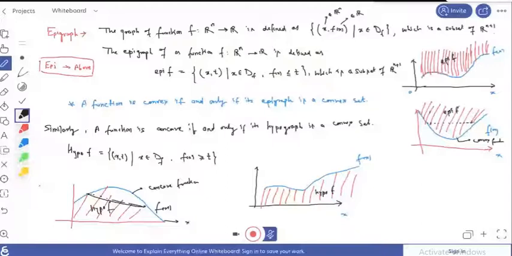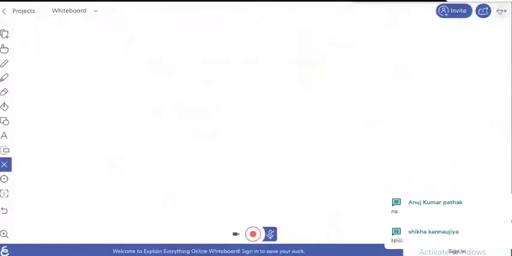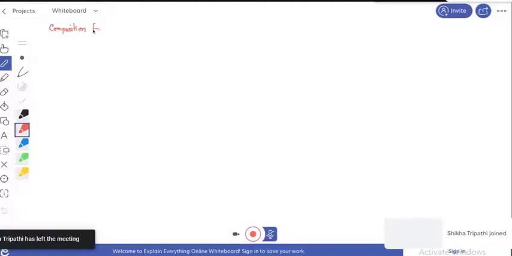Okay, so next page, we define the composition function.